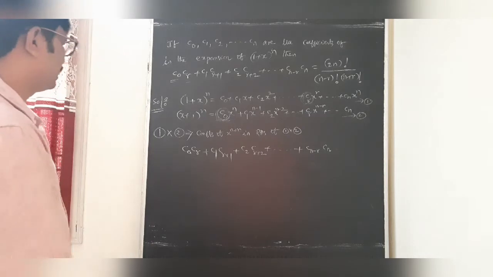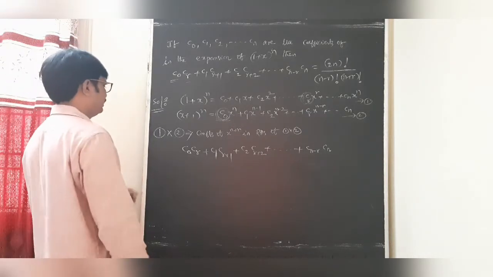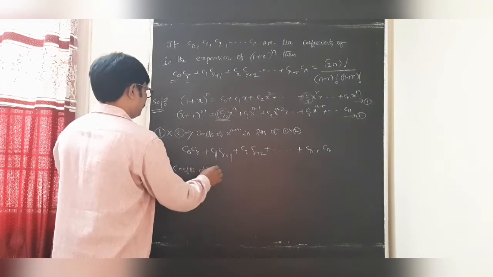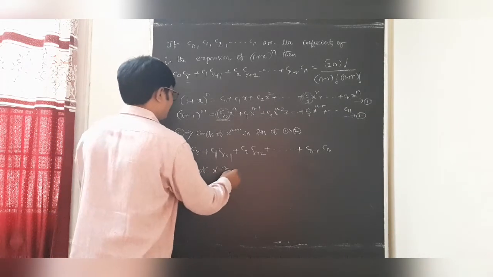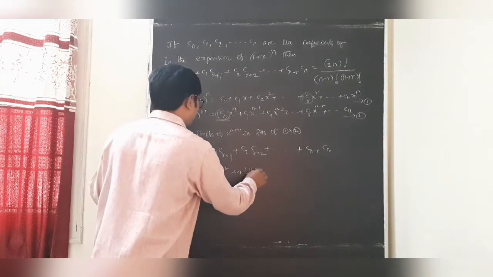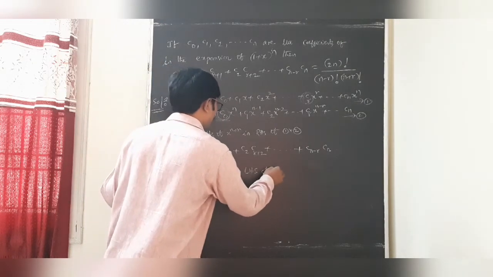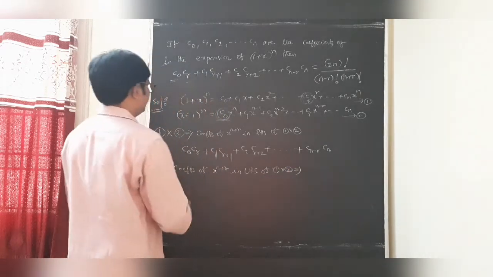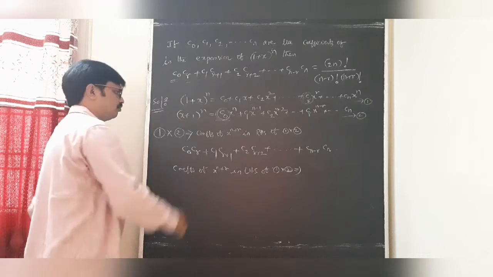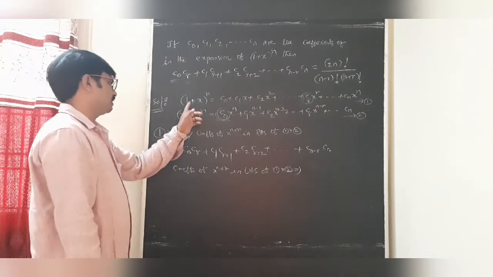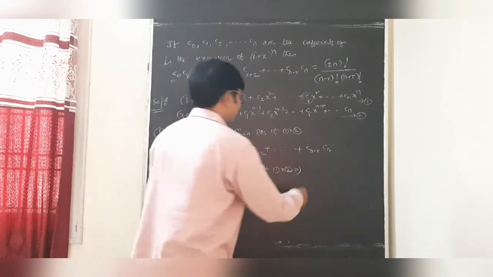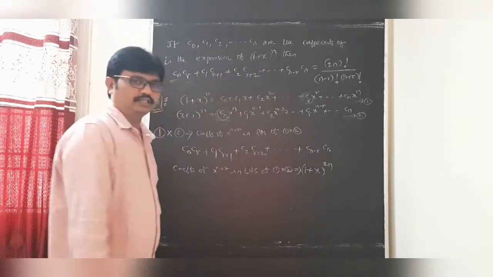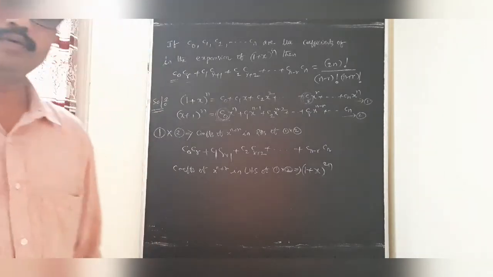So students, right now we have to find the coefficient of x^(n+r) in the left hand side of 1 into 2. That implies, 1 plus x, this is also 1 plus x. That means (1 + x) into (1 + x) is (1 + x)^(2n).